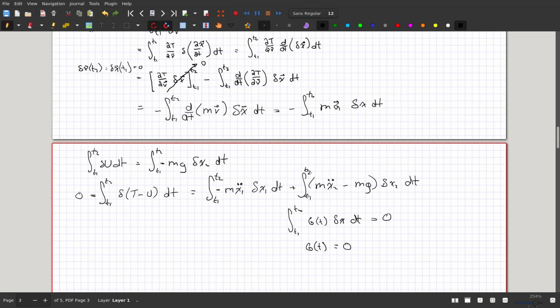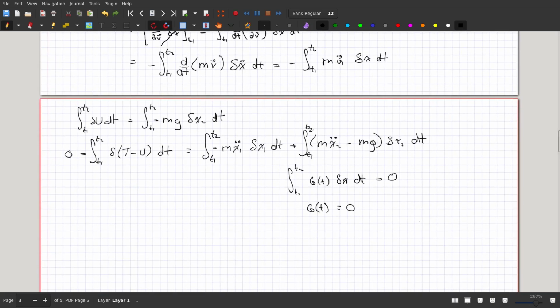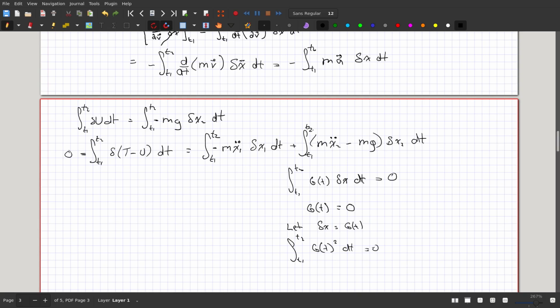And that's easy to prove because if it can be anything, well, I can let del x equal g of t, right? Then I have the integral from t1 to t2 of g of t squared dt equal to 0.